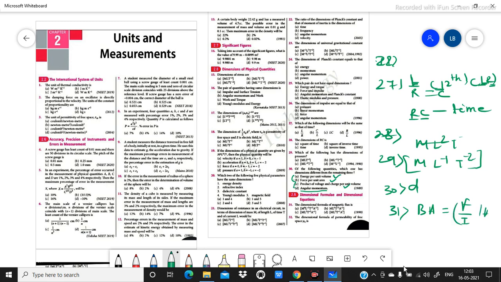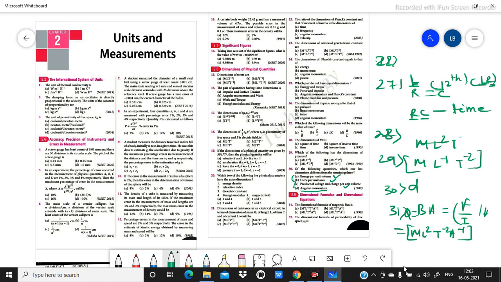So it will give me M L2 T to the power minus 2 ampere inverse. This is nothing but magnetic flux. You have to remember this also.